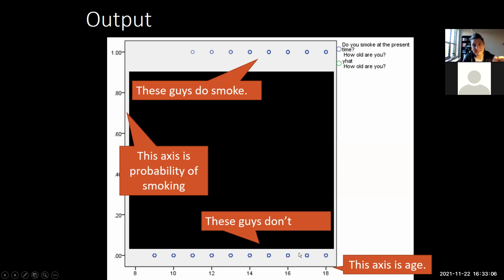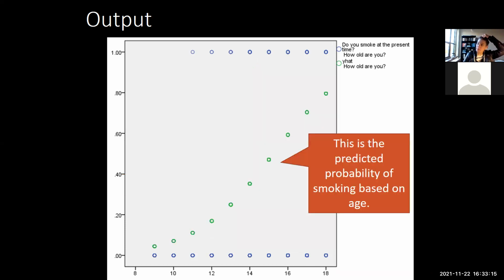Let's look at our predicted data. The predicted data is going to be in green, and it's based on the equation that I just harvested from that output. So this is the predicted probability of smoking based on age. You see that down here, when a kid is about 9, it's a pretty low probability of smoking. And then as it goes up, by age 18, it's a much higher probability of smoking, using cigarettes.